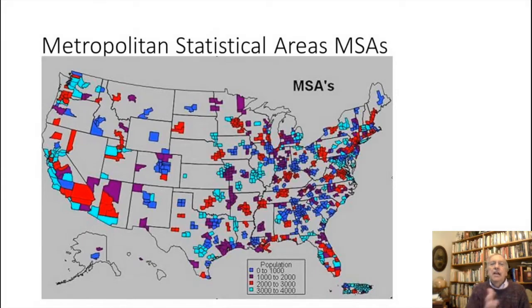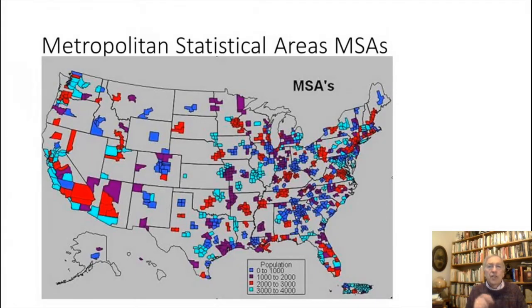And we see that a lot of the United States, particularly the eastern half, is covered with counties. It doesn't mean that all these areas are completely developed, because at the end of this presentation, we'll see that actually only 3% of the land area of the United States is urbanized in the sense of having a house, an office building, or a road covering it.